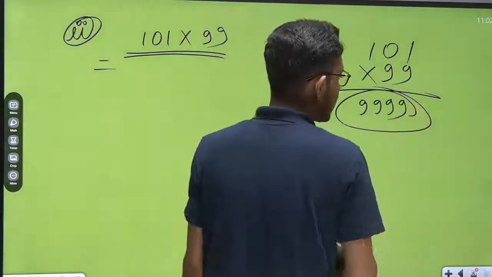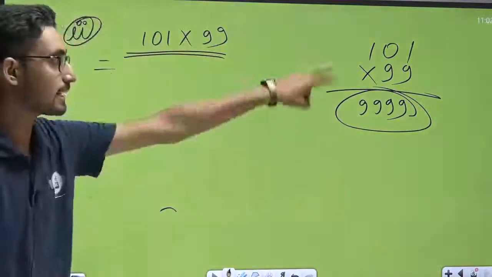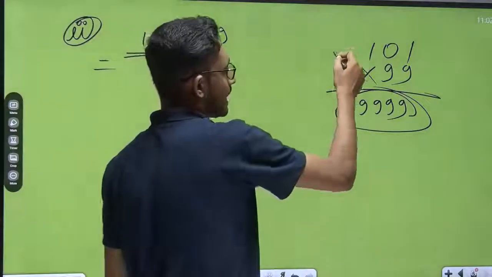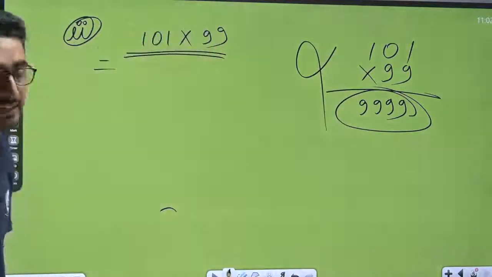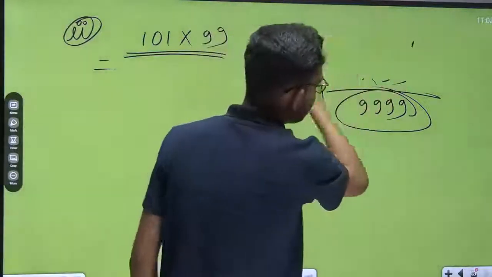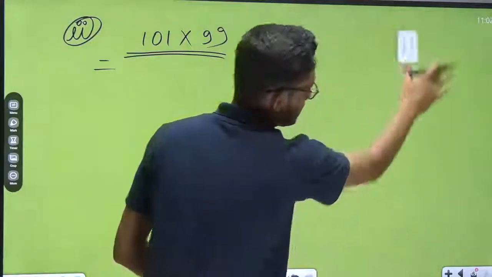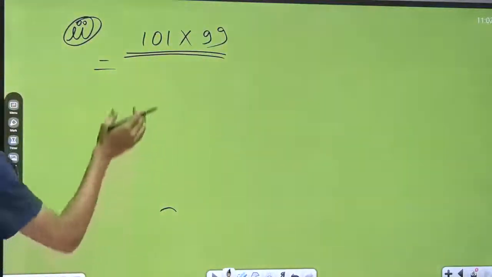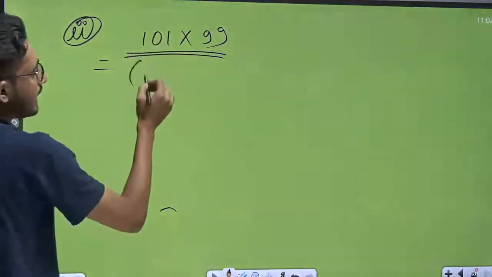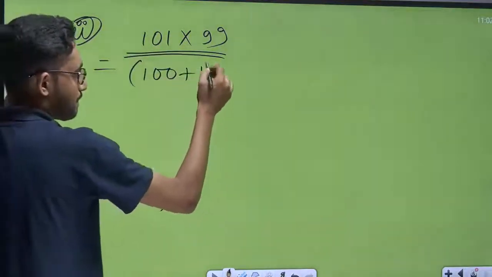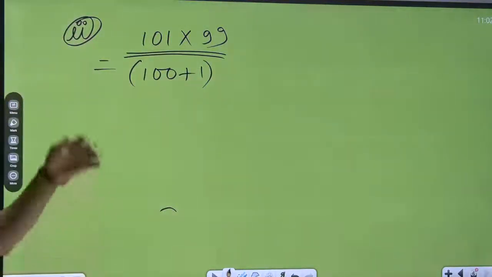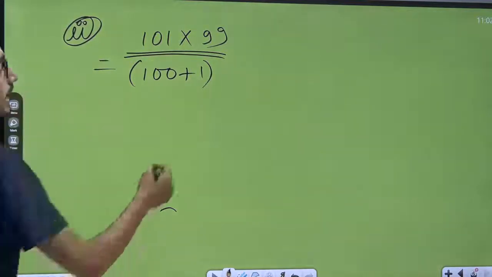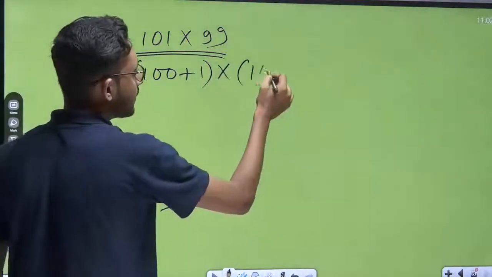So see here, all of you. In this question you must not do multiplication like this: 101 multiplied by 99. If you do it like this, whatever your answer becomes, suppose 9999 comes, your marks will be 0. But if you do it with the help of the identity, then I will give you marks.